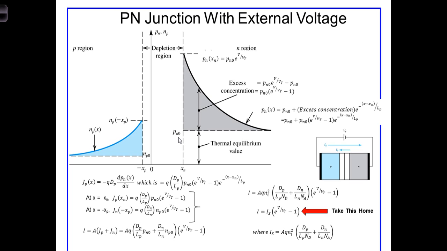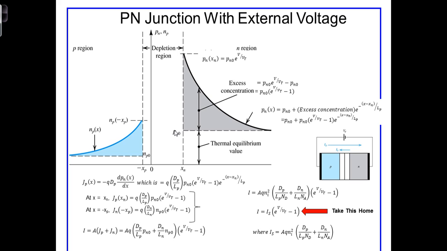Added to this thermal equilibrium of holes here are the holes which then, by nature of the concentration of holes here, diffuse across the depletion region and combine with the thermal equilibrium concentration to give us a new level of holes right at the border.